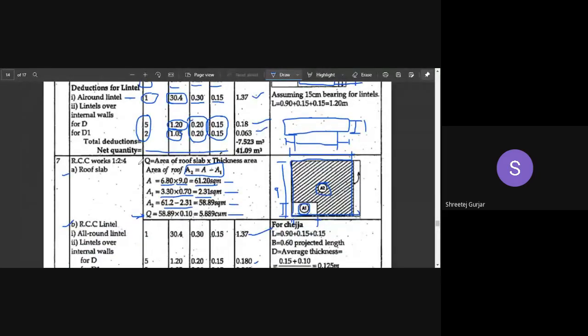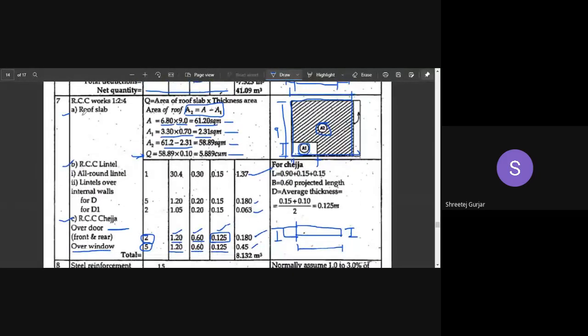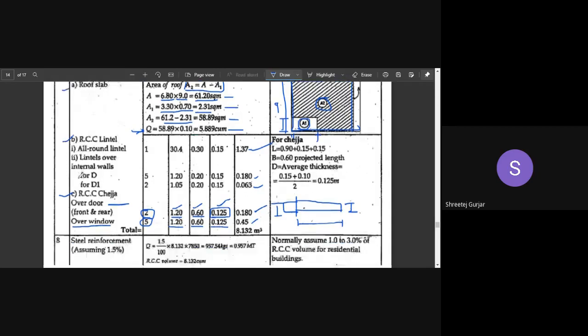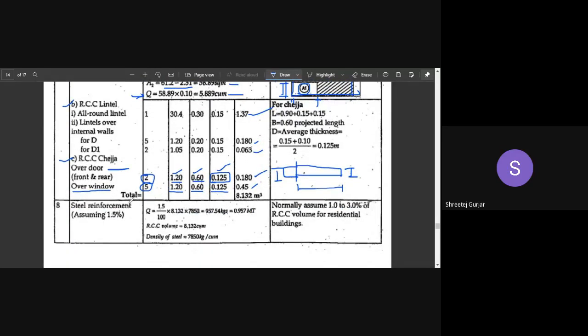So this is all about your RCC work. RCC work consists of your roof slab, your RCC lintel, and RCC chhajja. These 3 quantities we have calculated. Next, after RCC work, you have to calculate your steel reinforcement, the quantity of steel reinforcement required in your RCC work.